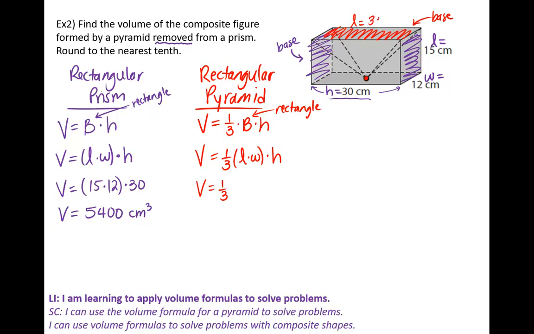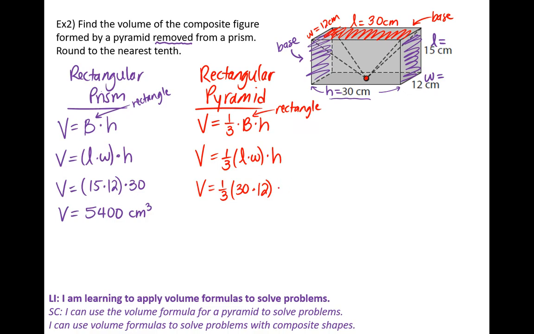Length 30 centimeters, just like the height from the previous one. It's a different measurement, a different thing we're doing. And then my width for that rectangle that I shaded in red would be the 12. So the width here is 12 centimeters. So I'm going to go ahead and times 12.